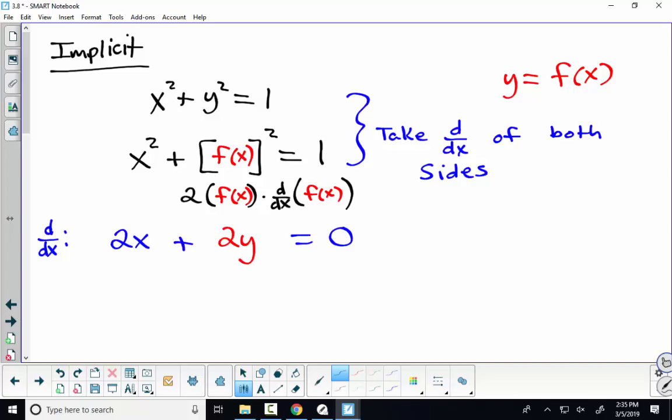If that were like x squared minus 1 squared, or 3x plus 5 to the 100th, you wouldn't just say that the derivative is 100 times that quantity to the 99th power. So what are we missing here?